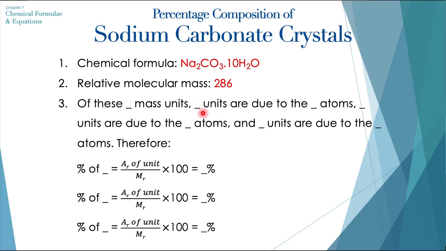Dash units are due to the sodium atoms, okay? Now you're going to write down how many units are due to the sodium atoms, and then you're going to write down how many units are due to the carbon atoms and how many units are due to the oxygen atoms. And in the end, you're also going to write how many units are due to the water molecules, okay? Pause this video and do it.